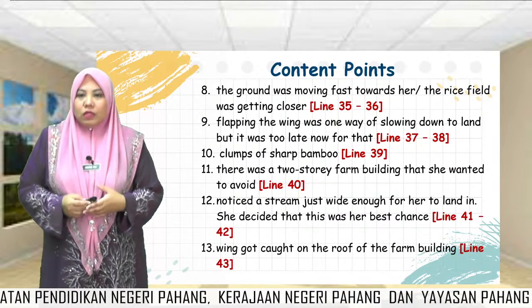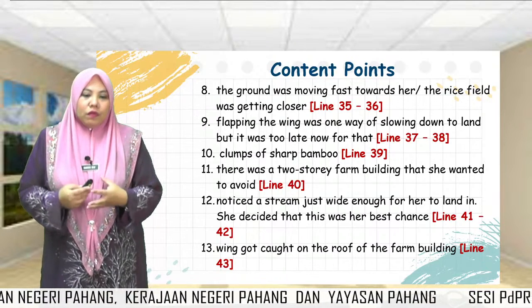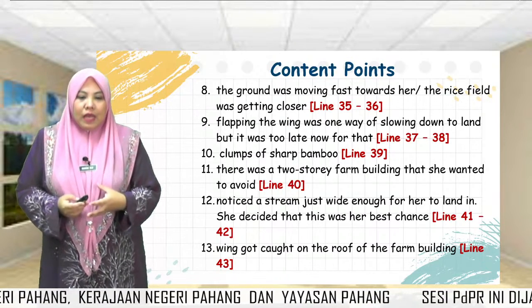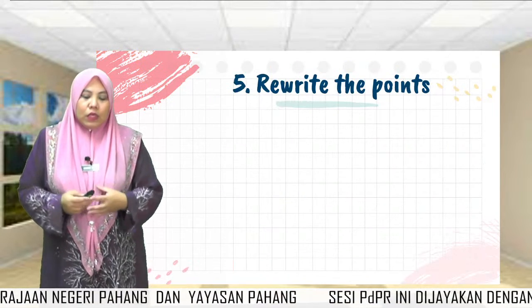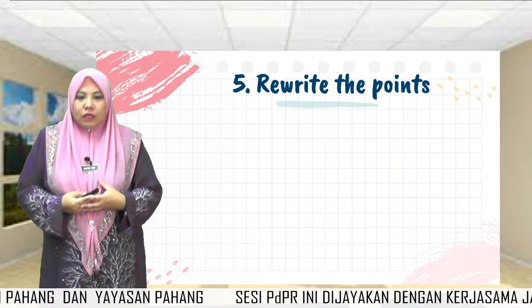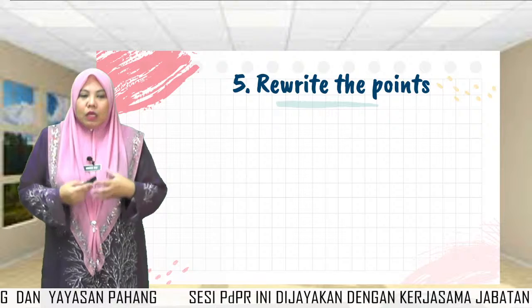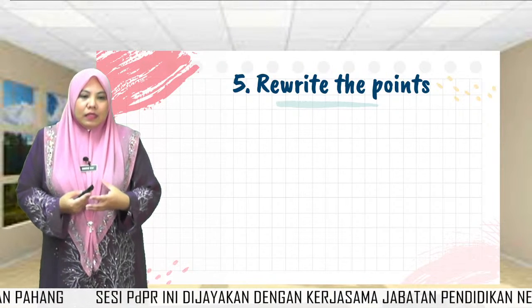And your final content point would be, wing got caught on the roof of the farm building, which is in line 43. So there you have it, all the 13 content points altogether. Before we start writing your summary, make sure you have all your content points together, at least 10 altogether.